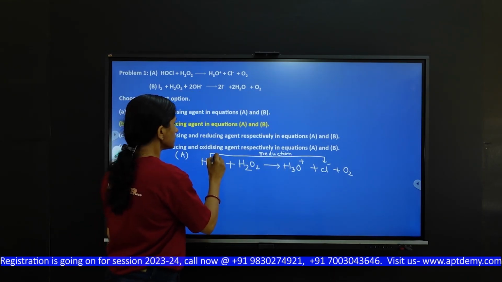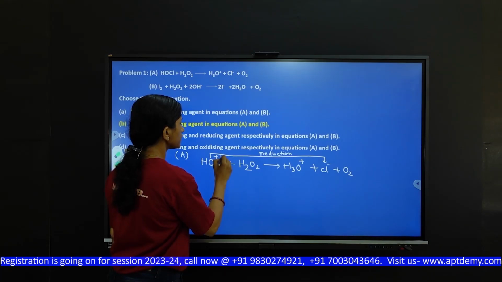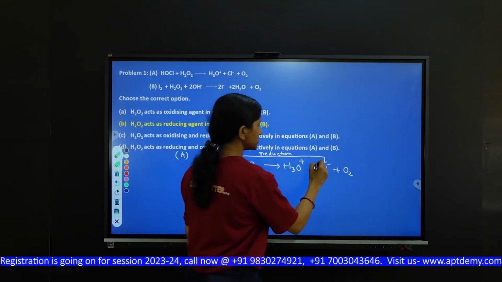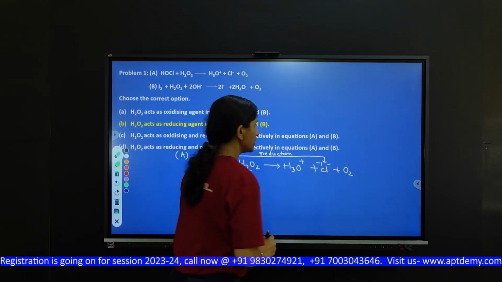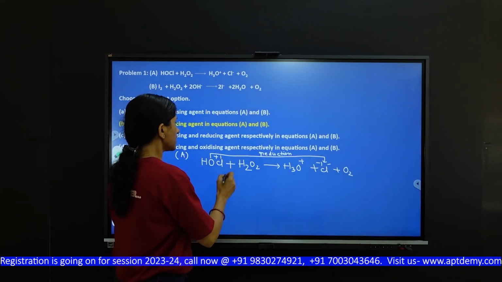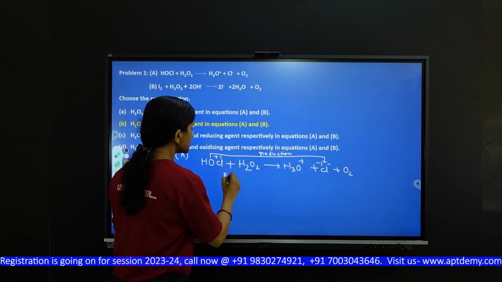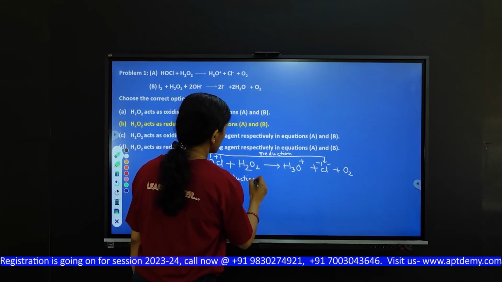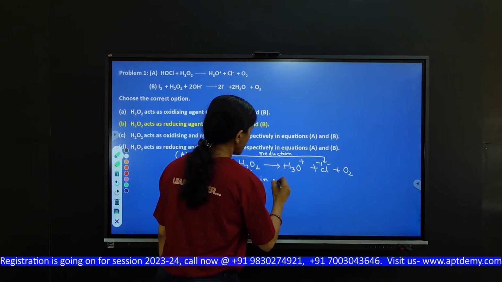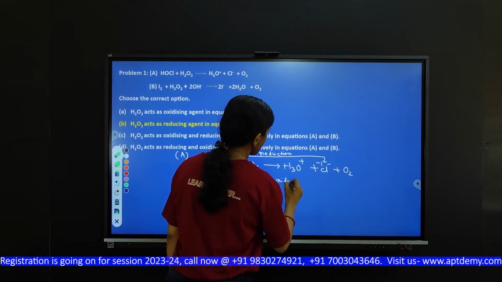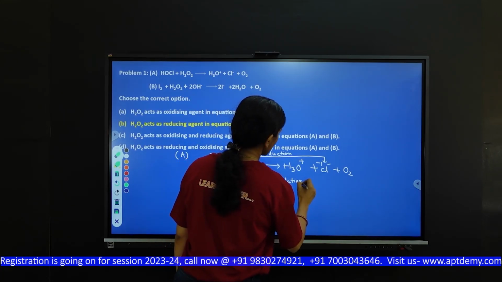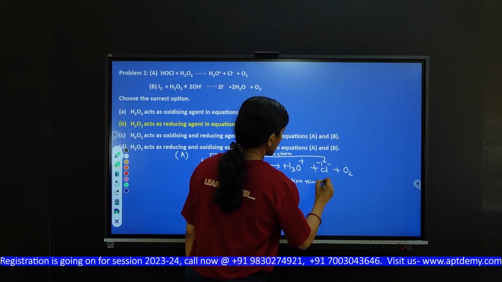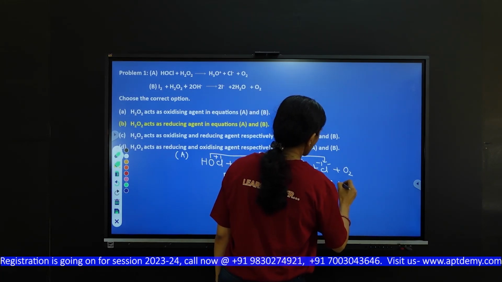The oxidation state of chlorine is +1 here and -1 there, so there is a reduction in the oxidation number of chlorine.